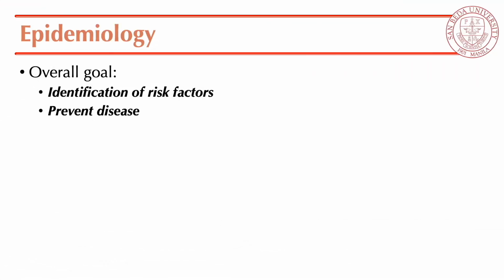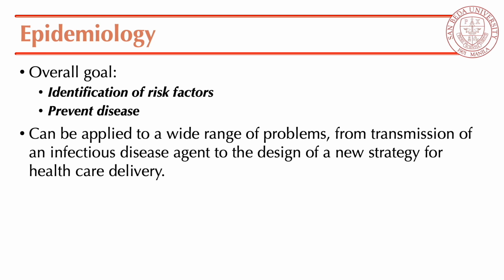So, in a nutshell, the overall goal of epidemiology is to identify risk factors of a disease and prevent said disease by controlling or doing something about the risk factors that are modifiable. Well, this is a rather simplistic way of looking at the goals of epidemiology. Now, it is also important to mention that the use of epidemiology can be extended to and applied to a wide range of problems, from transmission of an infectious disease agent to the design of a new strategy for healthcare delivery.